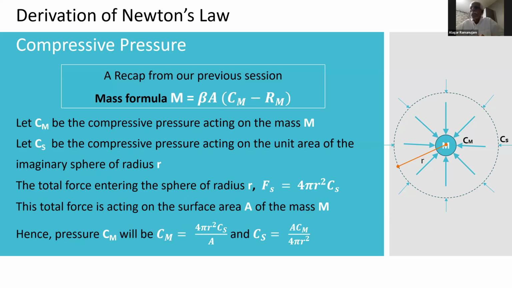Keeping that, now we come to a question. At a distance small r, we consider a point. At a distance small r, let us say we consider a sphere of radius r. Then on that imaginary sphere of radius r, we take a unit area.